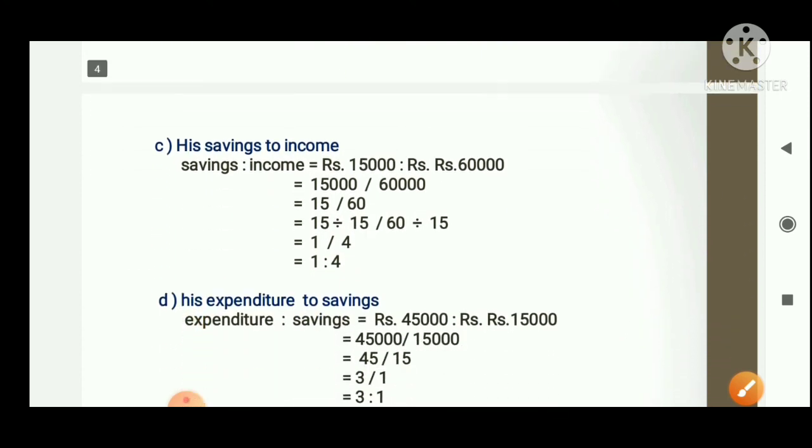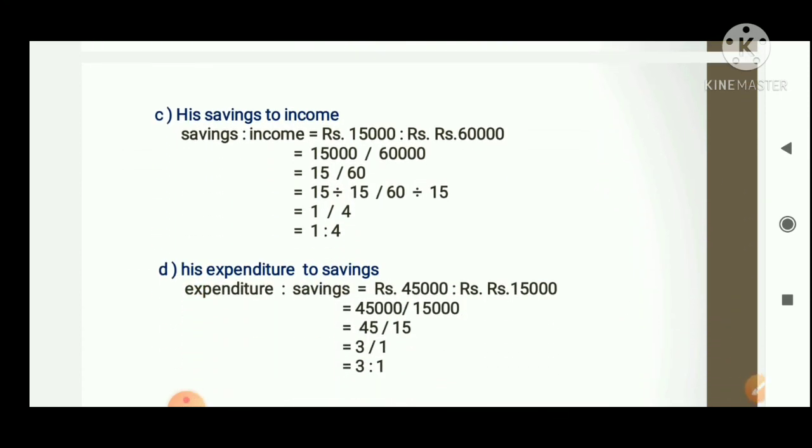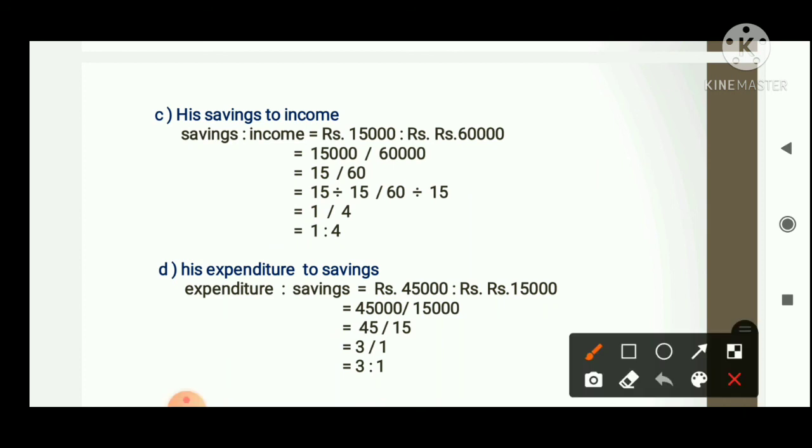Next we have to find the ratio of his saving to income. Now we just found his saving, 15,000, and his income is 60,000. So its ratio is rupees 15,000 to rupees 60,000. Now we express it as a fraction, 15,000 upon 60,000. Here the zeros cancel.